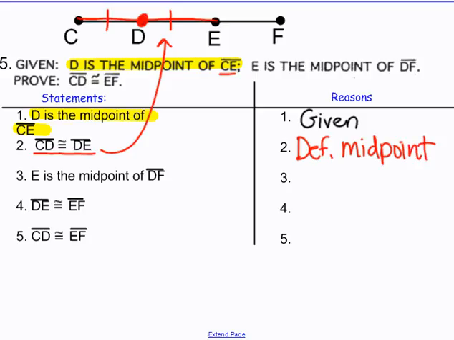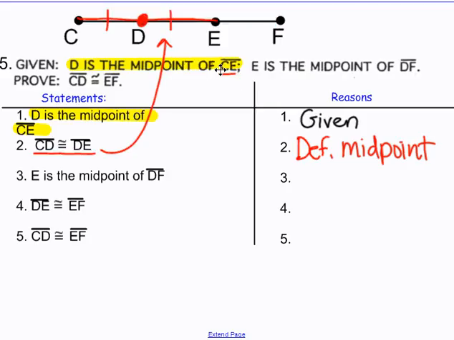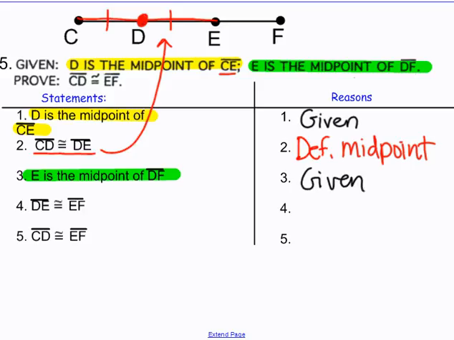All right. So then I'm looking here, it says E is the midpoint of DF. Oh, we highlight that in the given. E is the midpoint of DF. Oh, yay, it's another given. So if we look at that in the picture, let's take a look at that.